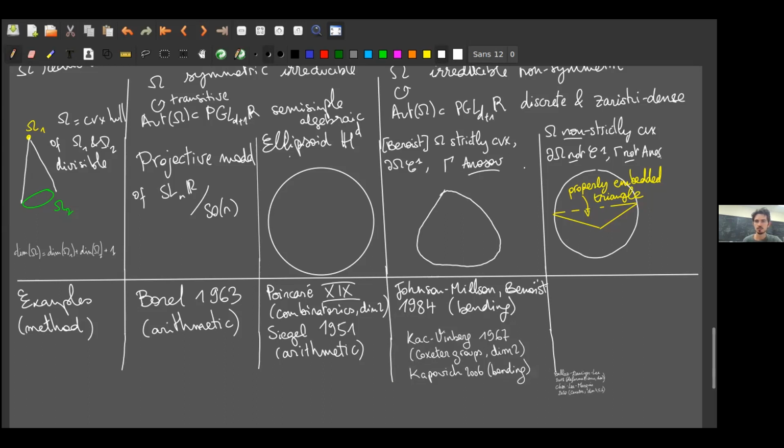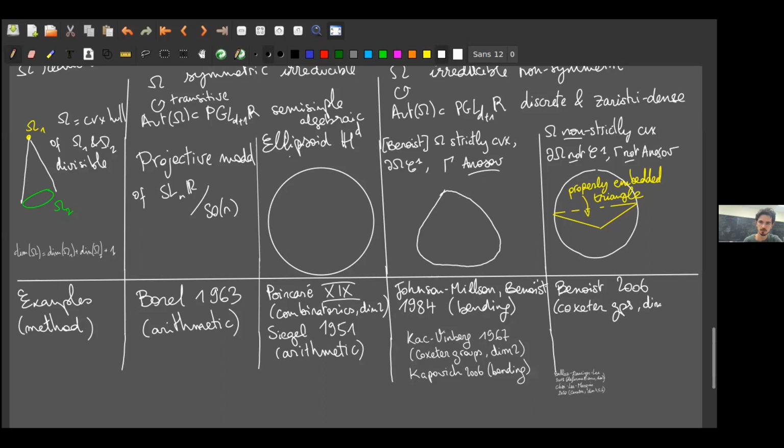And so the remaining question is, does there exist an example where gamma is not Anosov? In which case, Benoist proved that omega has to be non-strictly convex with non-C1 boundary. And the answer is yes. Benoist found examples in 2006 using Coxeter groups.